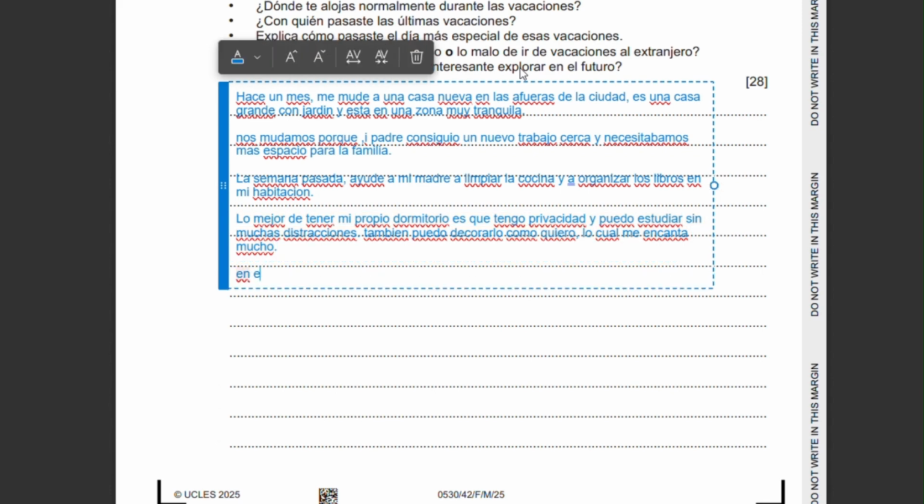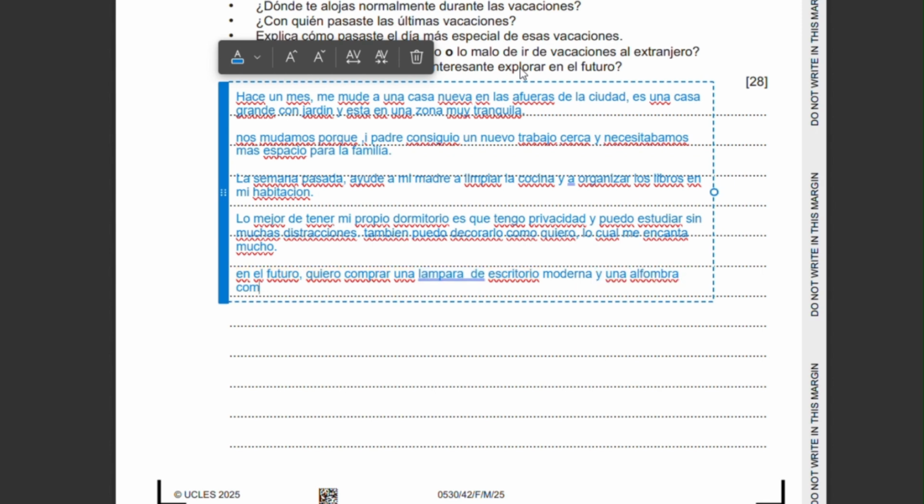I think we're in the last bullet point now. En el futuro quiero comprar una lámpara de escritorio moderna y una alfombra cómoda para hacer mi espacio más bonito y personal.